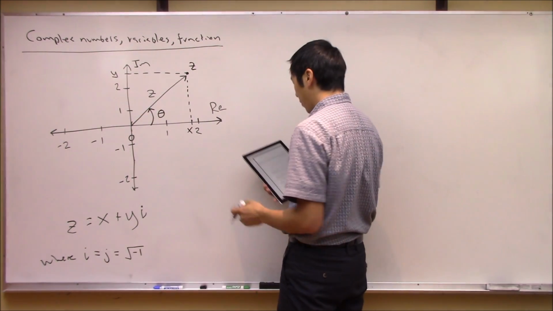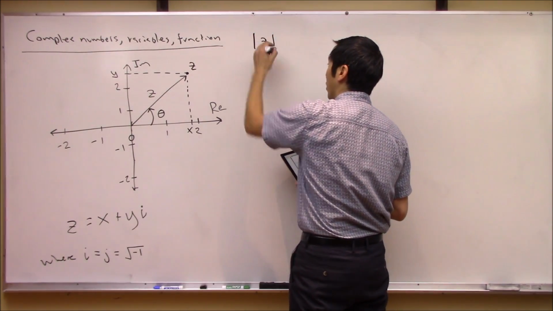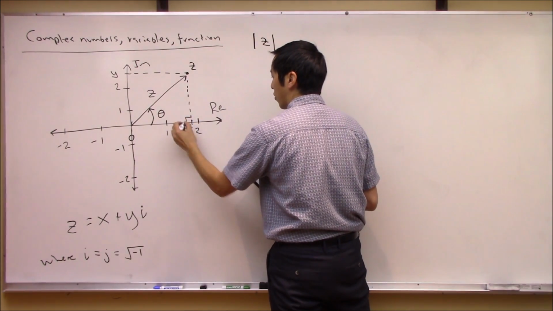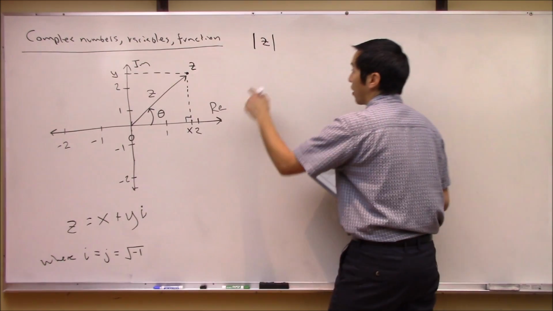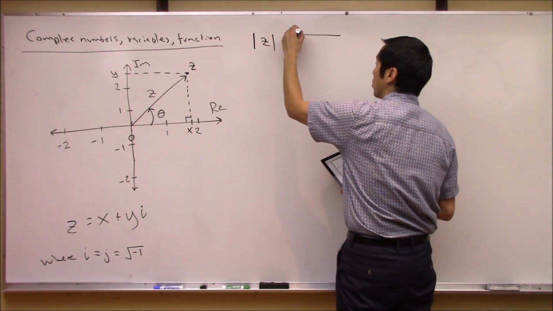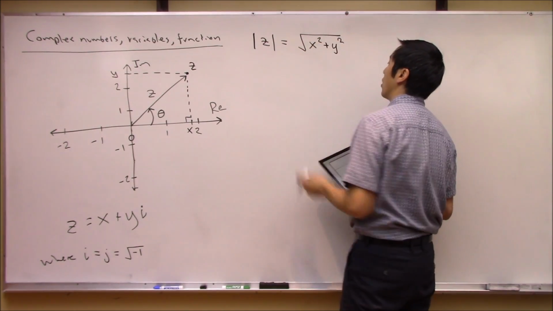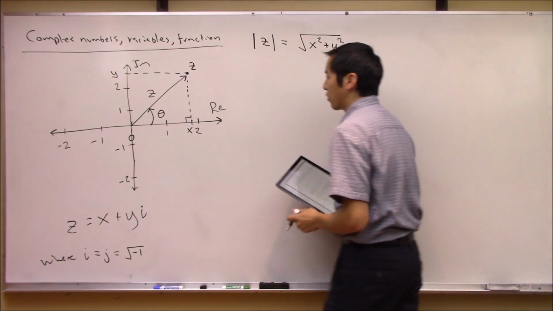As you can see from geometry, the magnitude is effectively the length of this. Since this is a right angle right here, you can use the Pythagorean theorem: the magnitude of z is just the square root of the real component squared plus the imaginary component squared. So this gives you the length of this vector here.